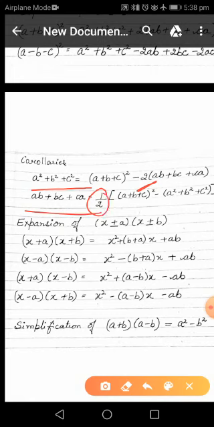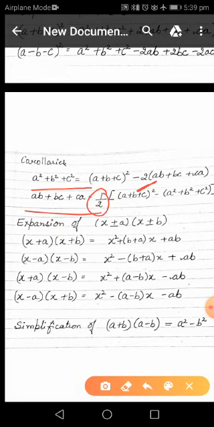Next we have the expansion of x plus a multiplied by x plus b. That is, when we have two brackets, the first term in the bracket remains same and the other two vary. Then the expansion is of the form x square plus bracket b plus a bracket closed x plus ab.